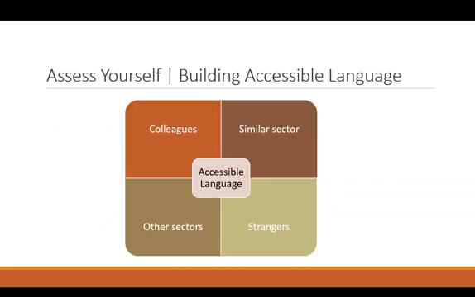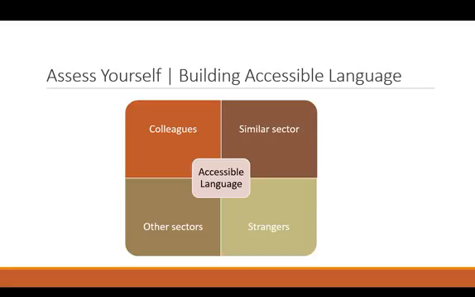And so what can be challenging here, though, is building your accessible languages for different audiences or different stages by which you've engaged people. So if this is the first time you're engaging with someone, you've never met them, they fall into that stranger category, you're going to speak in a different way than you would to someone you've been working with for several years who is a colleague.